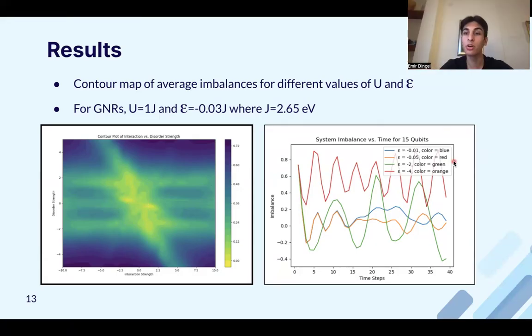In addition, if you observe the graph on the right, which is about system imbalance versus time for 15 qubits, you would be able to see that the system imbalance converges to zero over time, thus showing that there's a uniform particle density and that our system is thermalized.